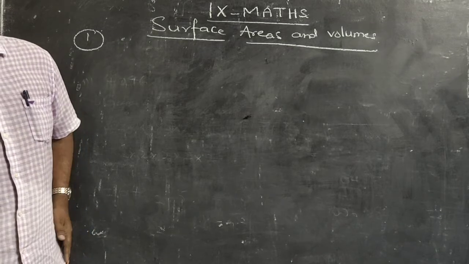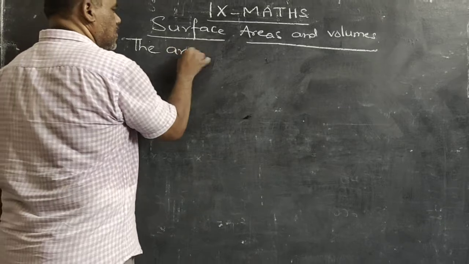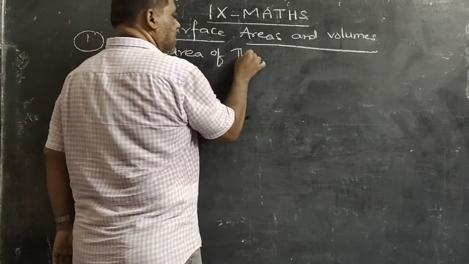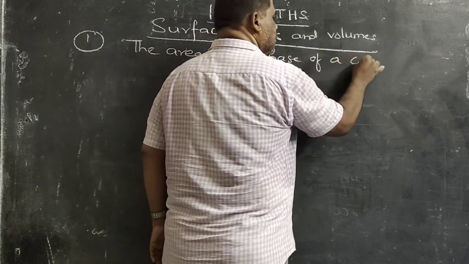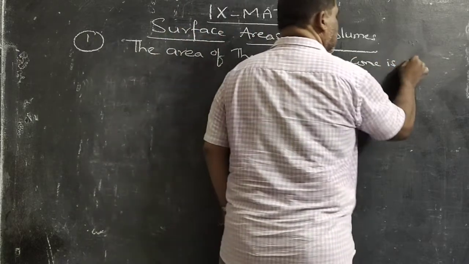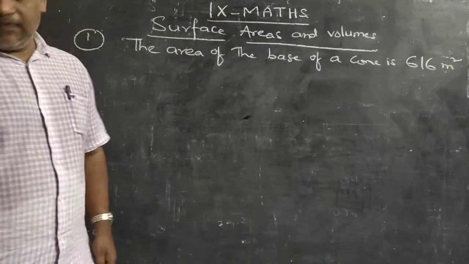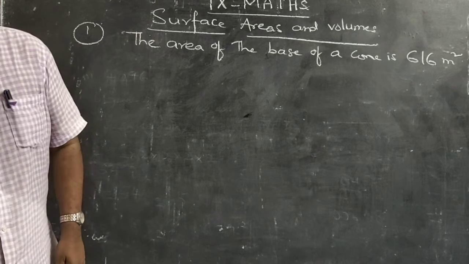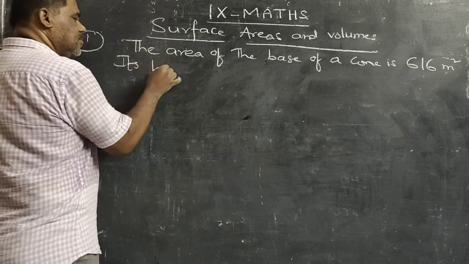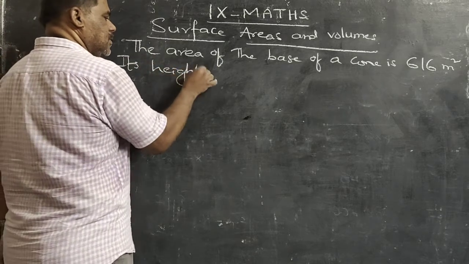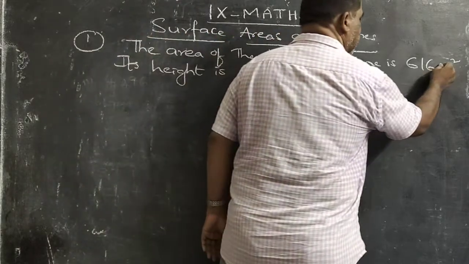The area of the base of a cone is 616 square centimeters.